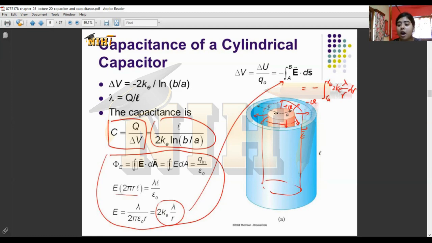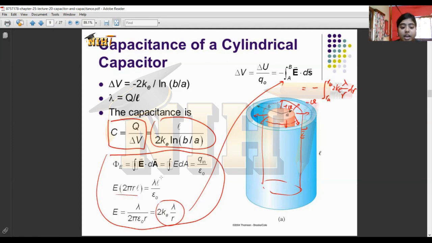Now we apply Gauss's theorem to calculate the electric field intensity inside the capacitor, which we know how to do. Using Gauss's theorem, the closed surface integral of E dot dA equals the closed surface integral of E dA, which equals Q enclosed divided by epsilon naught.